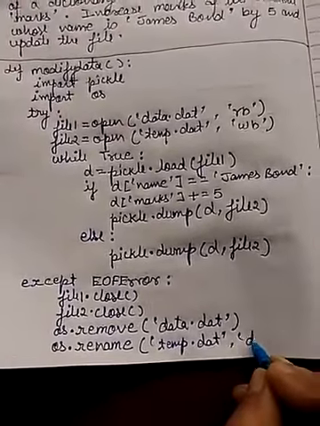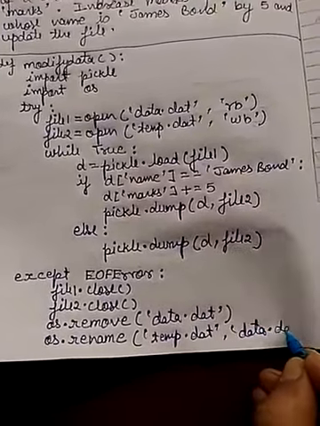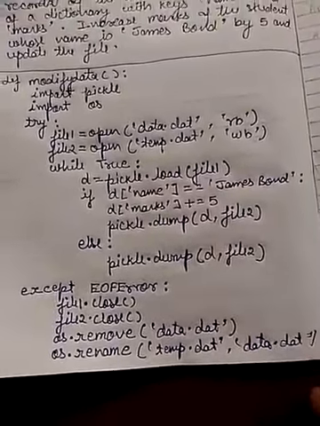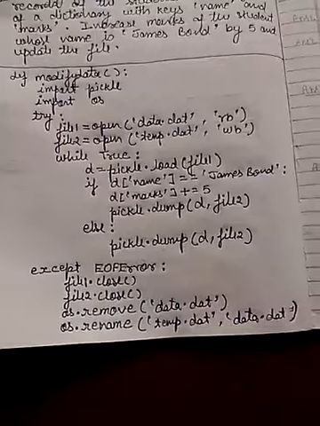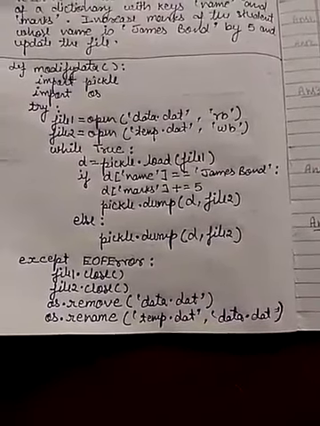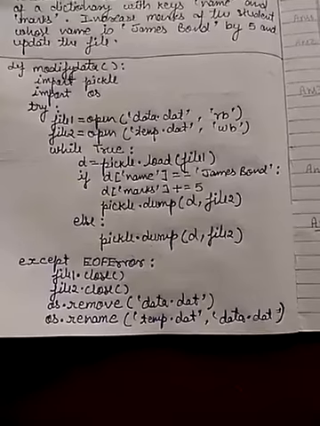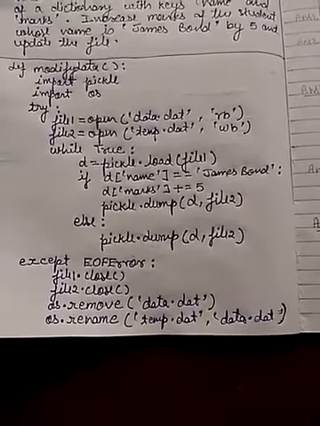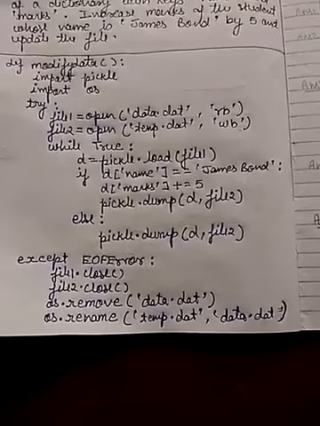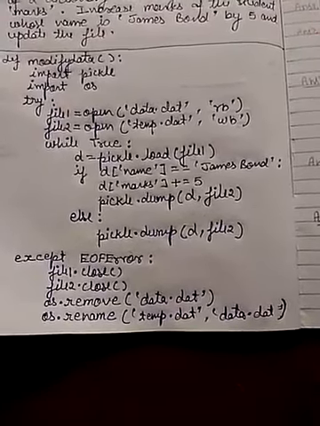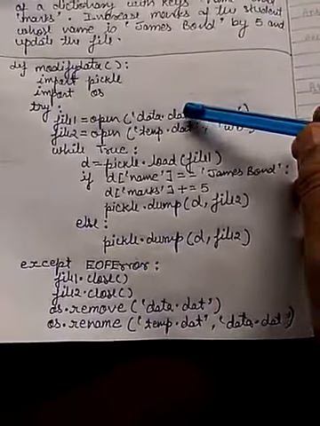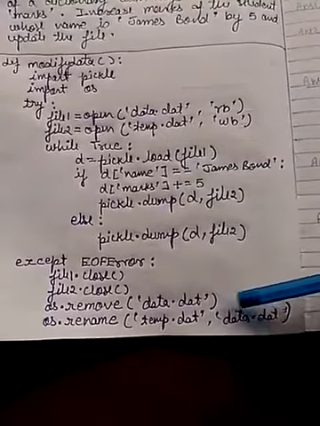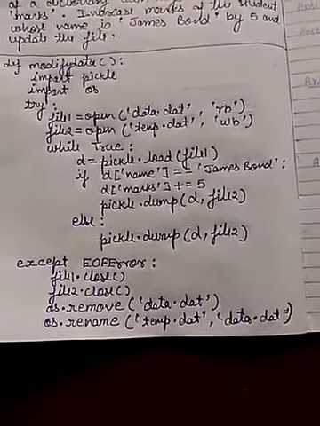With the name data.dat, bracket close. Now in this way you can modify the content of the file. So to modify the content of the file, you need to copy the data from one file to another file. After that, close both the files and remove the original one, that is data.dat, and rename the other file with the same name data.dat. Now let us implement this concept in deletion.